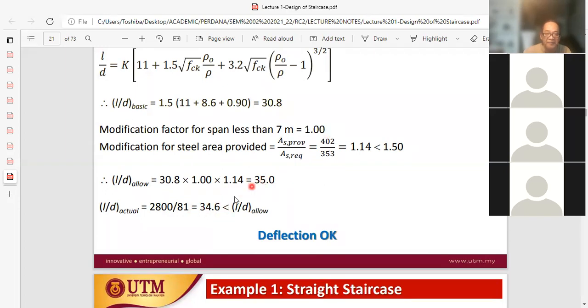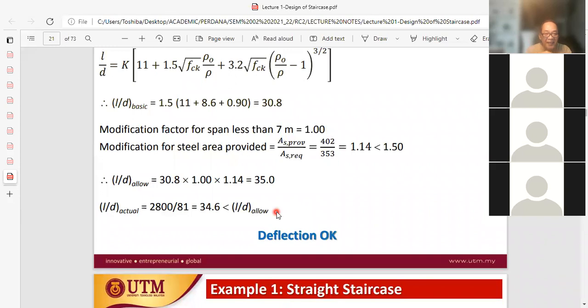Sama lah lebih kurang. Okay. On paper memanglah nampak 34.6 is less than 35. Pada saya nampak sama, exactly the same.